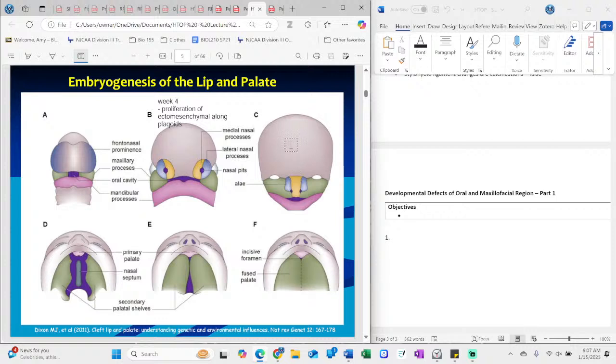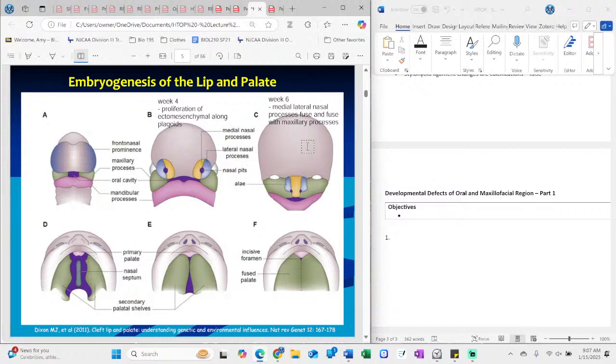By the 6th week of embryonic life, what you see here is that the ones in the yellow, the medial nasal processes, fuse with each other and they fuse with the maxillary processes, the one in the green. When the medial nasal processes fuse with each other, that forms the middle portion of the upper lip, the mid upper lip.